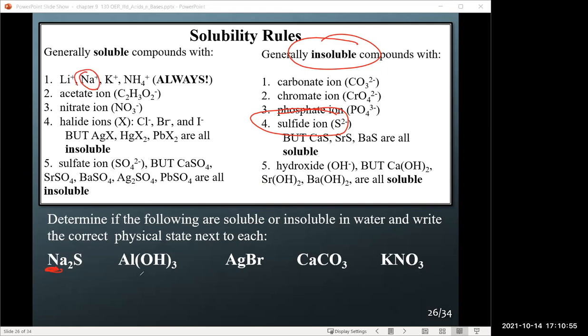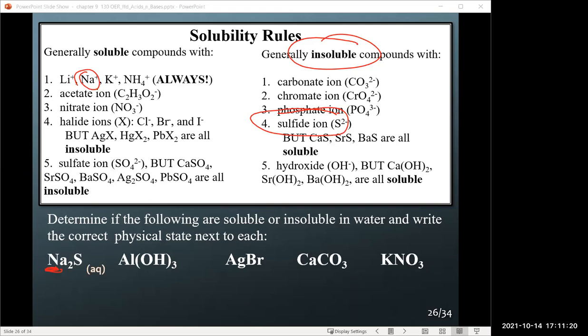So this guy, sodium sulfide, will be soluble, and hence we use AQ. In fact, just remember, anytime you see sodium whatever, potassium whatever, lithium whatever, and ammonium whatever, those are soluble.